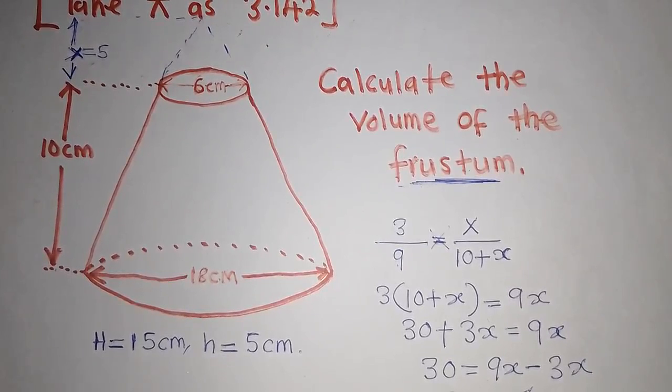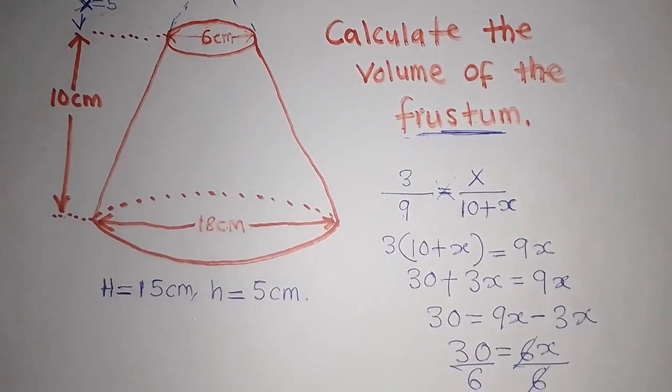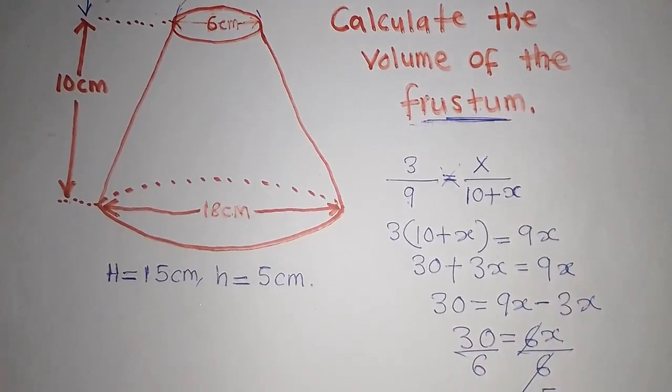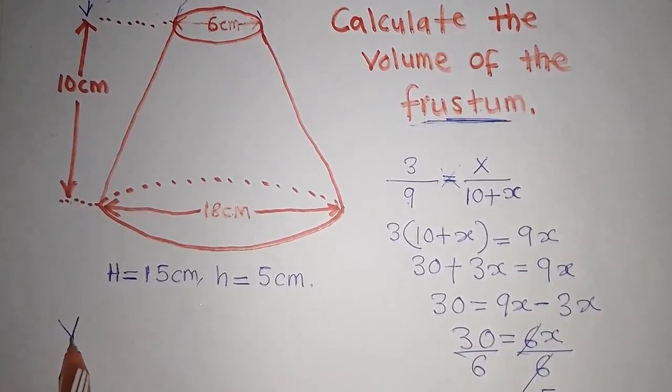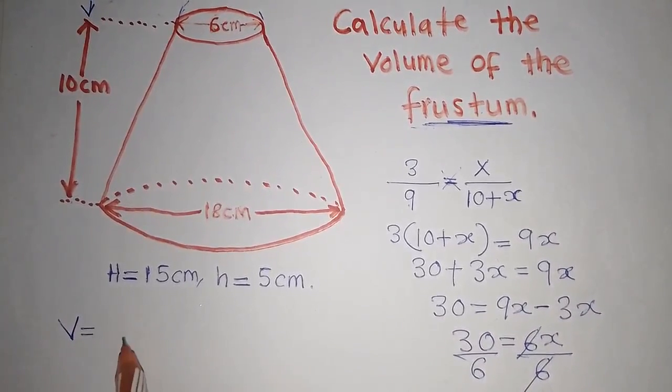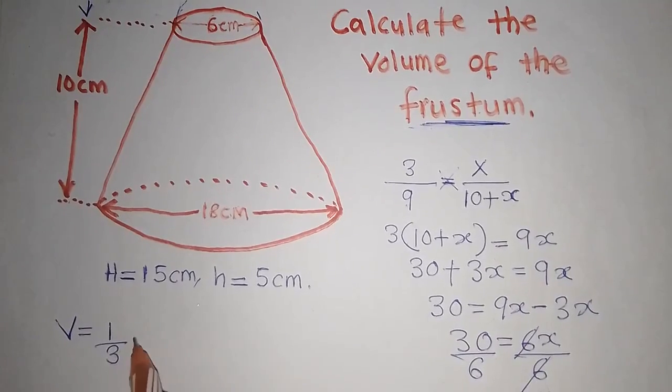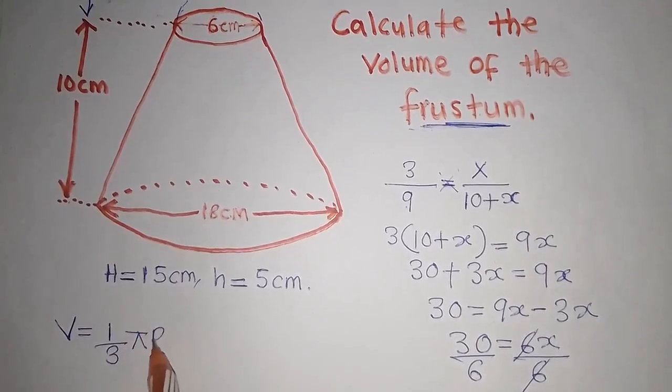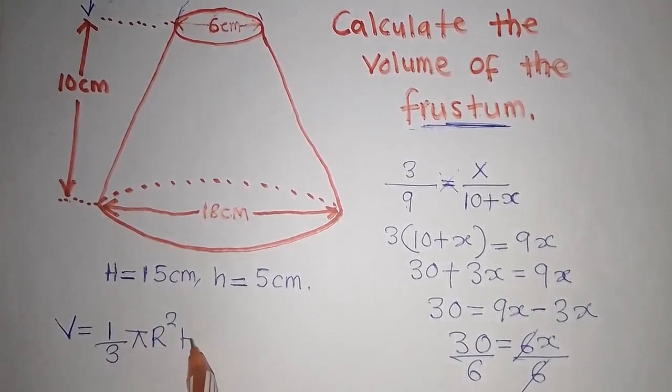So now, what are you supposed to do? You write the formula. The formula of the volume of a cone. Which formula do we use? The volume of a cone is given by this formula: 1 over 3 pi r squared h.